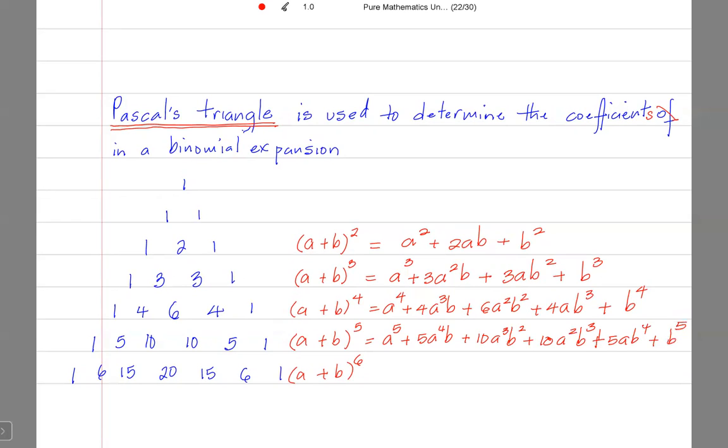So this is how the Pascal triangle could assist you in determining the coefficients of every term in a binomial expansion. I could do a to the 6th, it's just as easy, but I'm going to stop there.